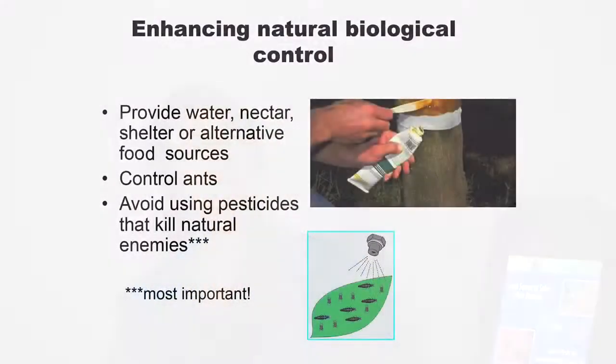And what you need to focus on as a gardener, as a master gardener, is trying to help people enhance biological control in their gardens. These biological control agents will live longer and lay more eggs if they have sufficient water, nectar, and alternative food sources. So some people are interested in planting insectary plants with pollen and nectar sources, and that can enhance biological control. Most people's gardens have sufficient diversity of plants flowering at various times that they already have enough.